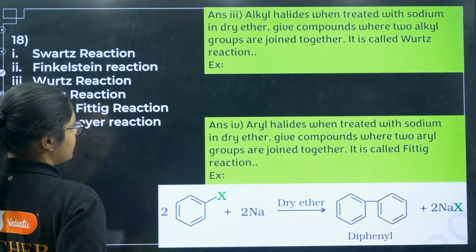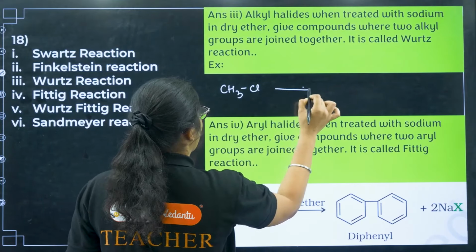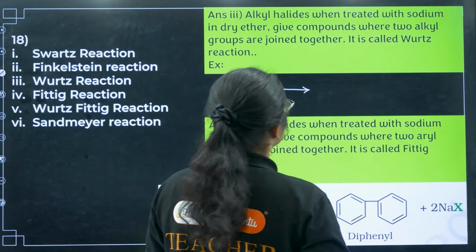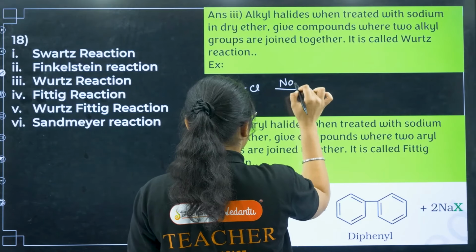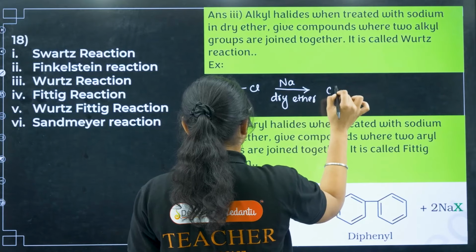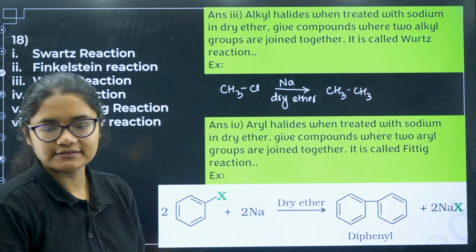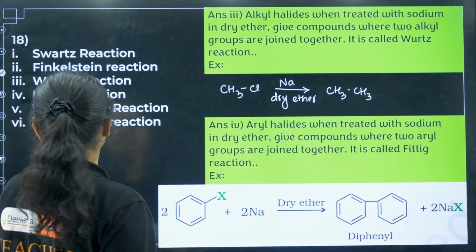So I'll give an example here. You can take CH3Cl, and you have here sodium in dry ether. So that will give me CH3CH3.